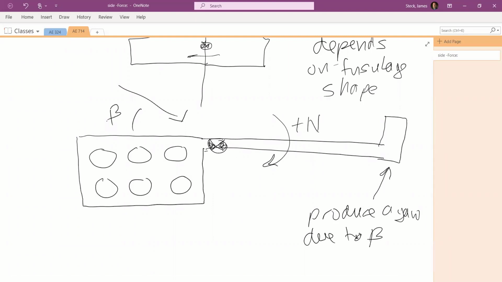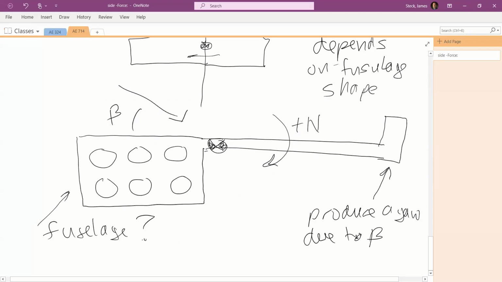Okay, so the vertical tail will do that, but what about the fuselage here? What's that going to do to this relative wind, the beta? Do you see what happened? It's going to push on that huge area up here, and it's actually going to yaw the airplane in the wrong direction.